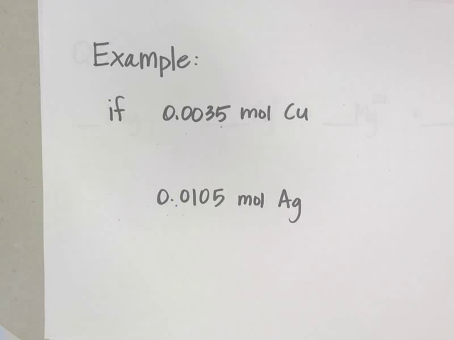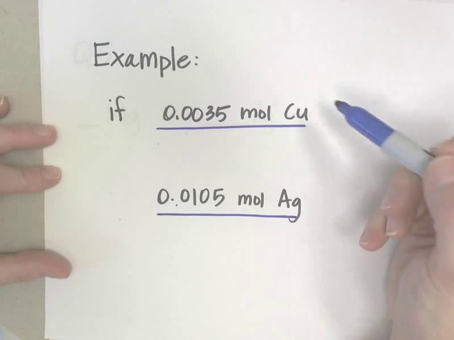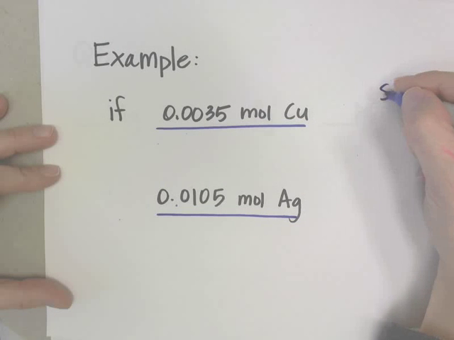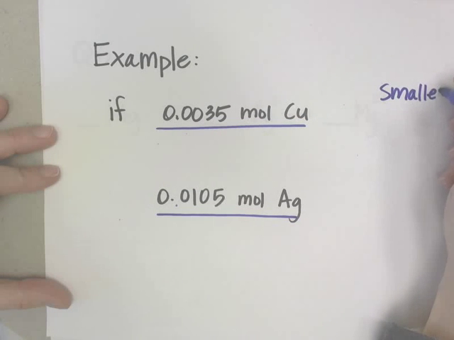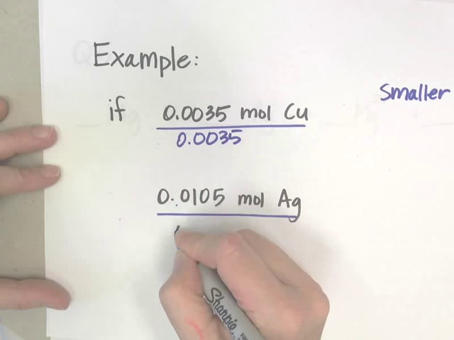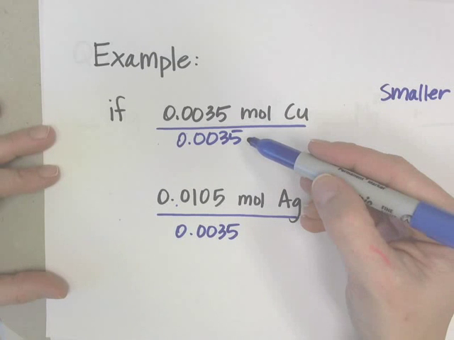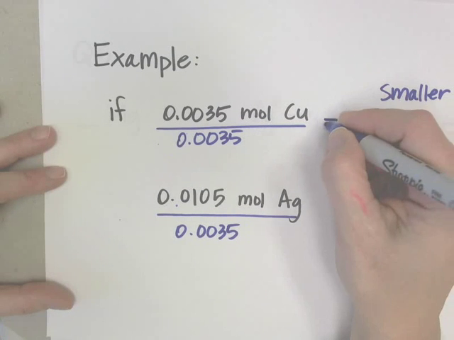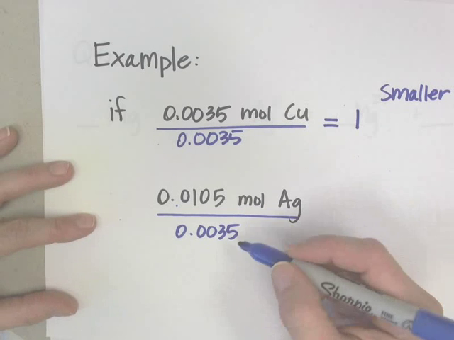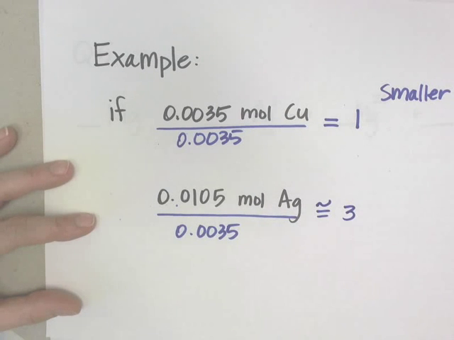So a simple way to do it is to take your mole values, look at both of them, and decide which one is smaller. Of course, this one is the smaller one, and we can take it and divide it into both of them. So obviously it divides into itself once, and it divides into the larger one about 3 times.